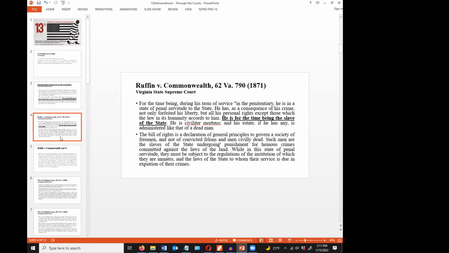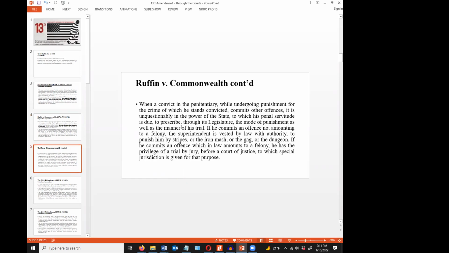I'm glad you brought that up, Max, because they made another distinction, about what happens when a person violates a law or violates rules within a prison. They categorized it as whether or not it was a felony. If it wasn't a felony, then they said it is unquestionably in the power of the state to prescribe through its legislation the mode of punishment as well as the manner of his trial.